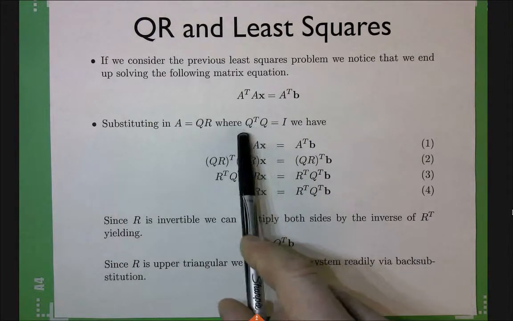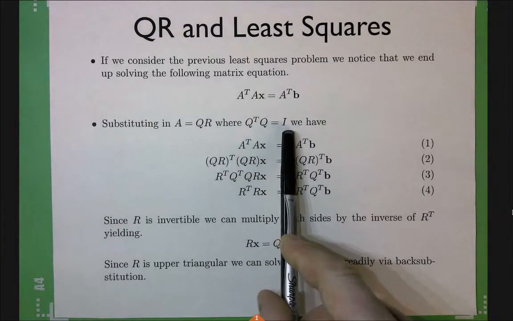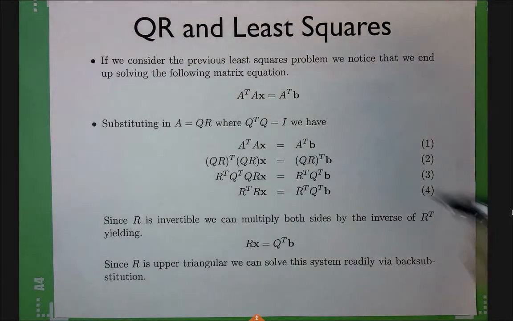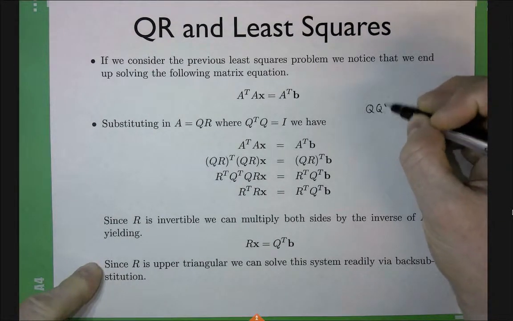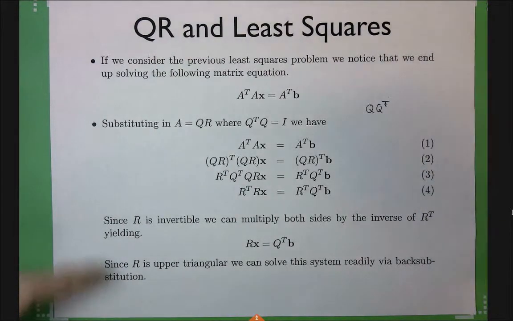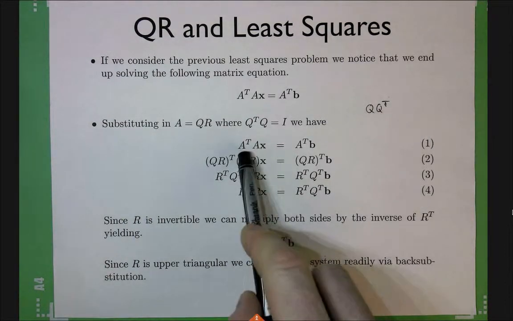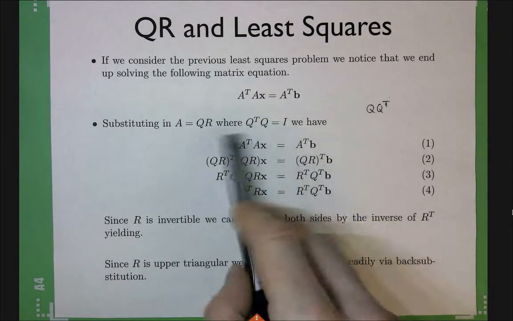So that means that Q transpose Q is identity, right? Again, remember, in general, that does not mean that QQ transpose would be identity, unless Q was square. But never mind, we will just need this property.